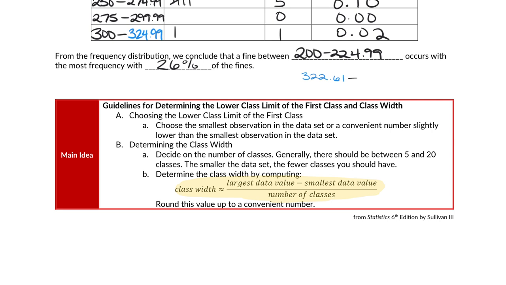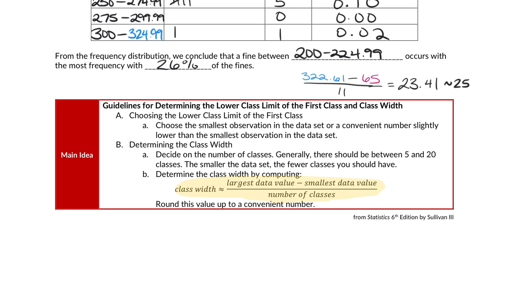And if we subtract the smallest value, which was 65, and then divide it by the total number of classes, so let's say we knew we wanted to make 11 classes and we needed to know how wide to make our class width. For some reason we chose 11. If we do that math, 322.61 minus 65 divided by 11 gives you 23.41. So what's a very convenient number to use if our class width should be about 23? 25, which is what we did.